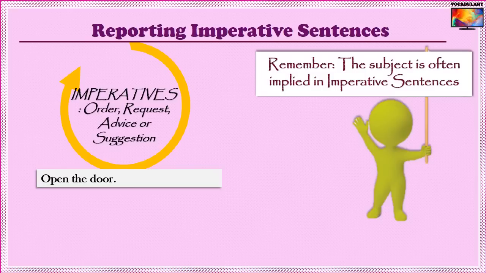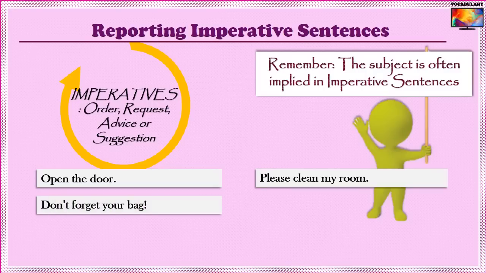If you add a please, it becomes a little polite, as in the sentence, "Please clean my room," which is clearly a request. "Don't forget your bag" is another example, which is a suggestion or a warning. The only deviation from the second person subject is when the subject is first person, us.